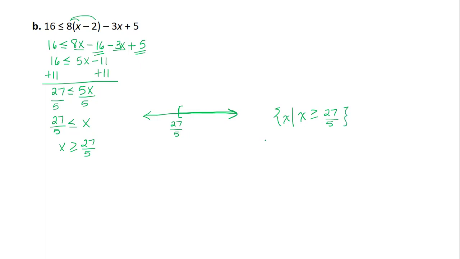The interval notation is written as open bracket 27 fifths, comma, infinity, close parenthesis. Remember that we never use a bracket with plus or minus infinity, as we can never reach such a number.